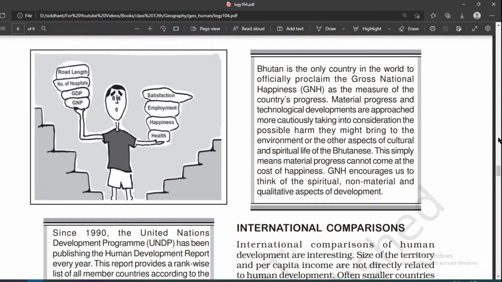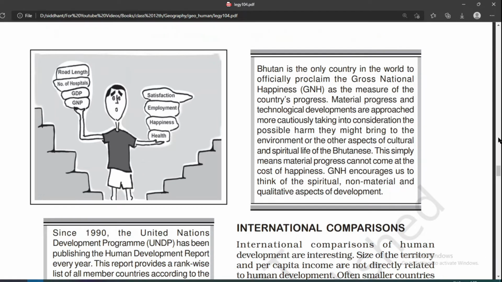Bhutan is the only country in the world to officially proclaim Gross National Happiness (GNH) as the measure of the country's progress.